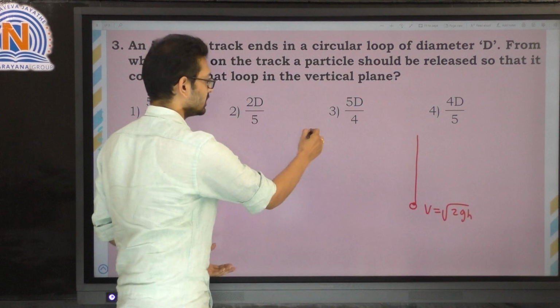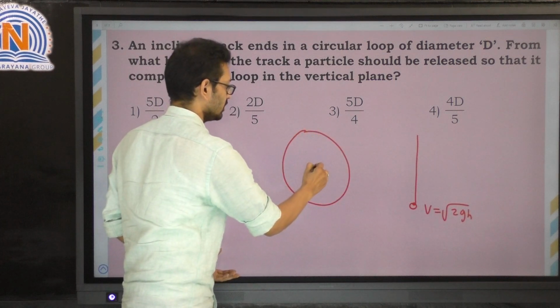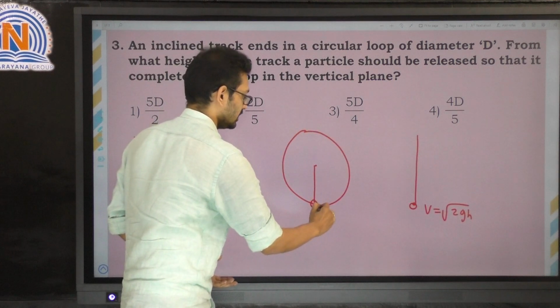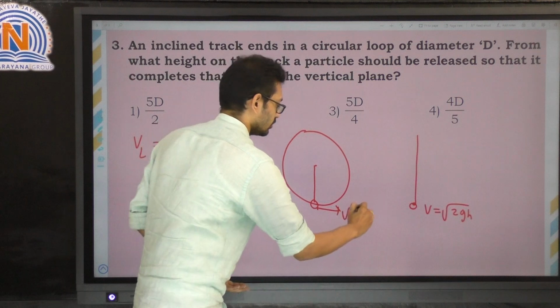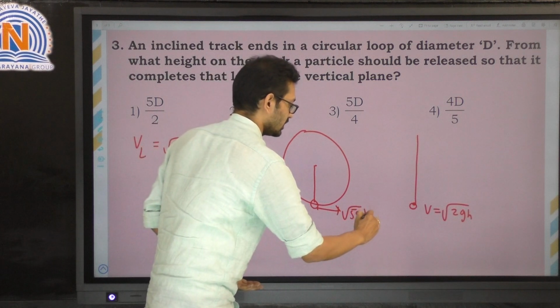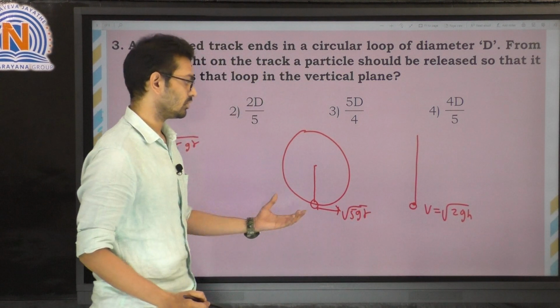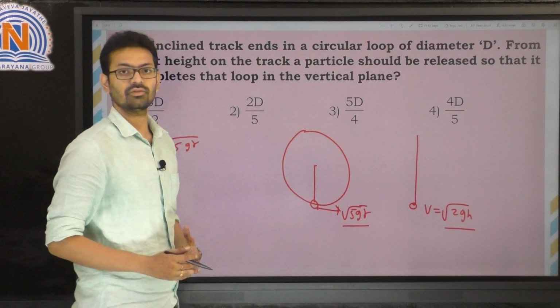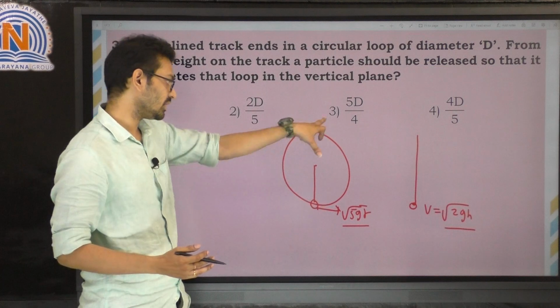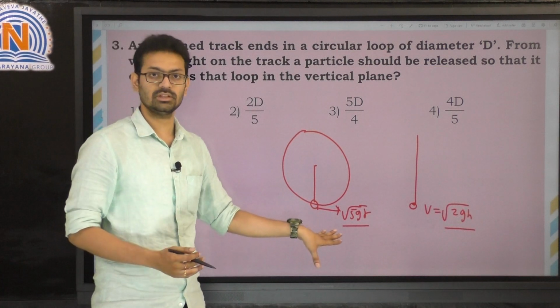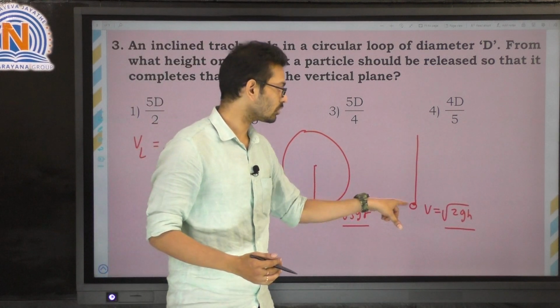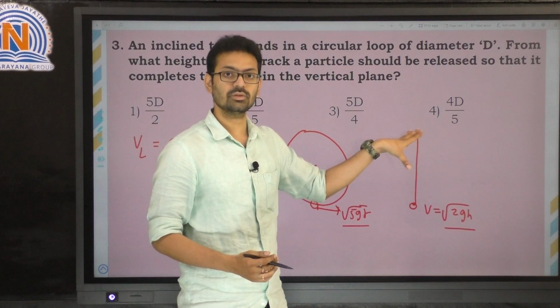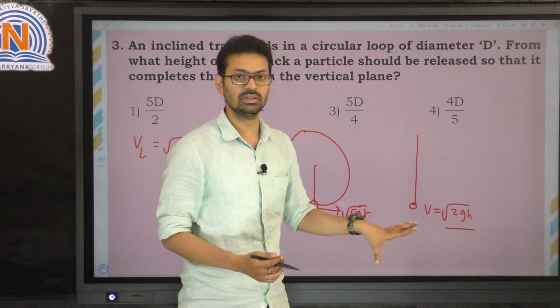In the circular loop, your velocity over here is root 5gr. To complete the circle we need at least root 5gr, and to reach the maximum height you need root 2gh.